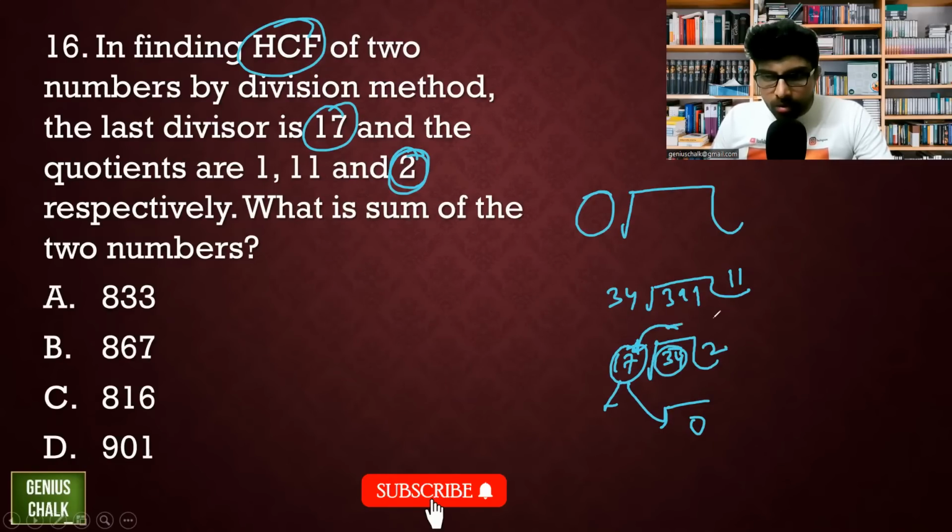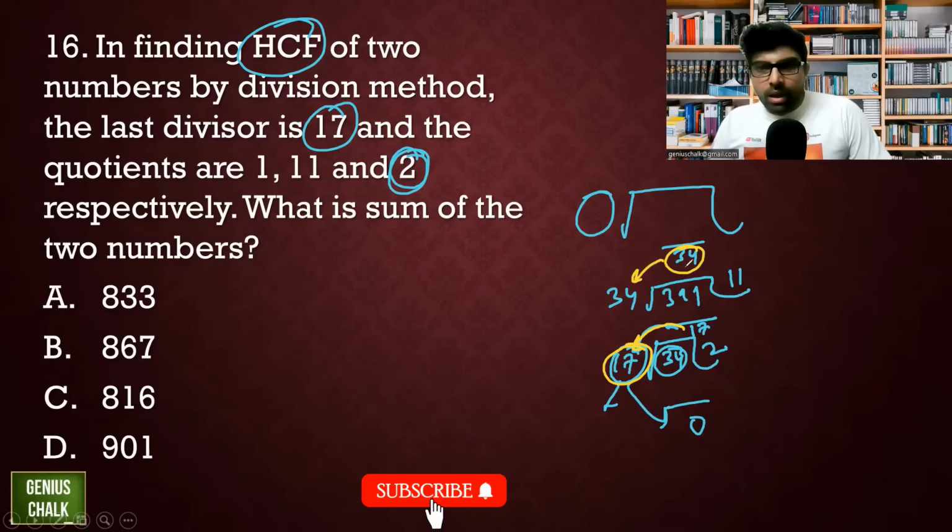Now, this 17 must be the remainder in the previous case. So 34 into 11 plus 17 must be 391, right? 391. And before this, 34 must be my remainder. That's why this 17 is shifted here. The remainder is shifted to the next as divisor.